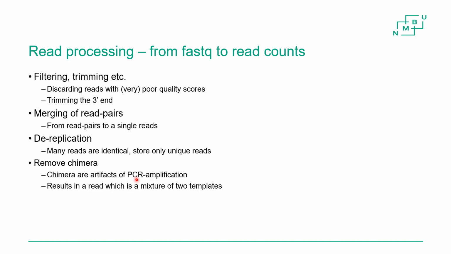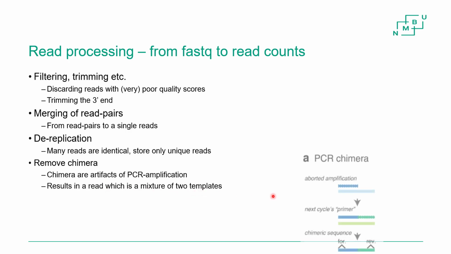And it results in a read which is actually a mixture of two of the original sequences. And this is a sort of a display of this I copied from somewhere. So what happens sometimes when you do PCR of a sequence, so this is the sequence, and this is the copy that you want to make of it.